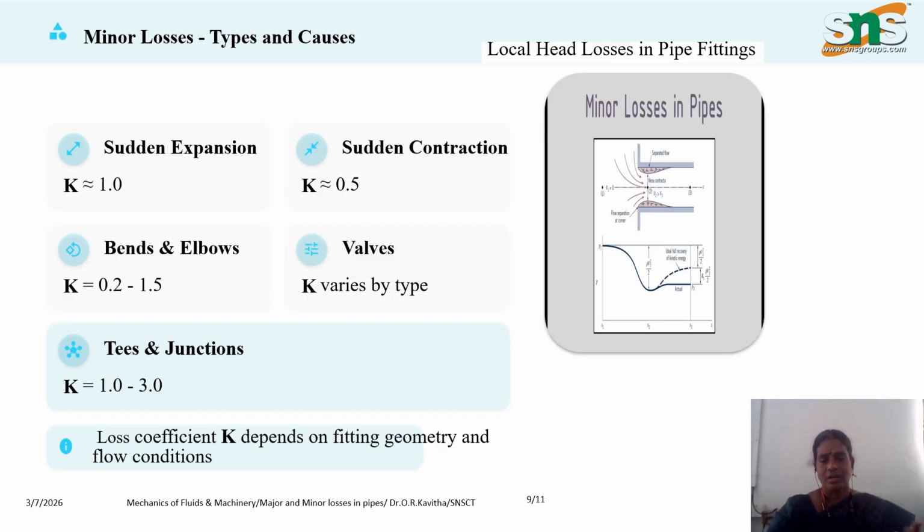There are some coefficients: for a sudden expansion the coefficient will be 1, for a contraction it is 0.5, and for bends and elbows it will be 0.2 to 1.5. Therefore this K varies with the type of the loss.